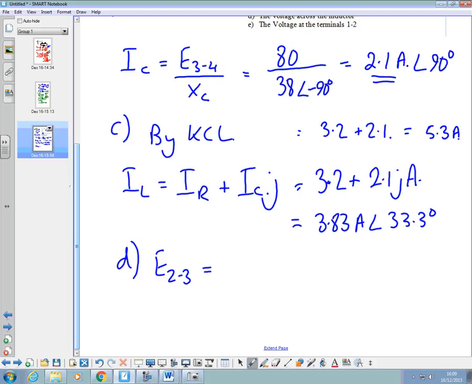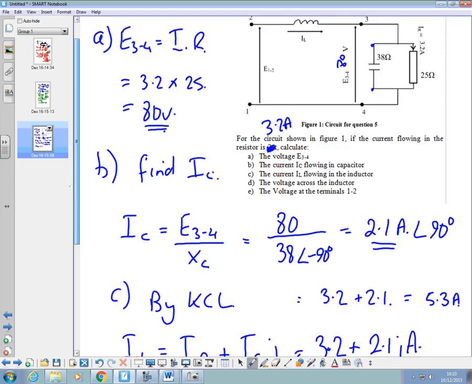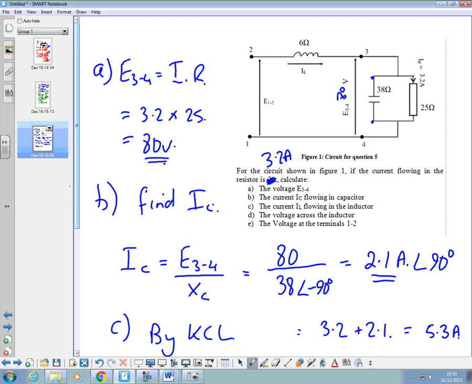Notwithstanding you didn't have the right current up until now, but I times XL. It's an inductor, look. Yes. Yeah, 3.3.